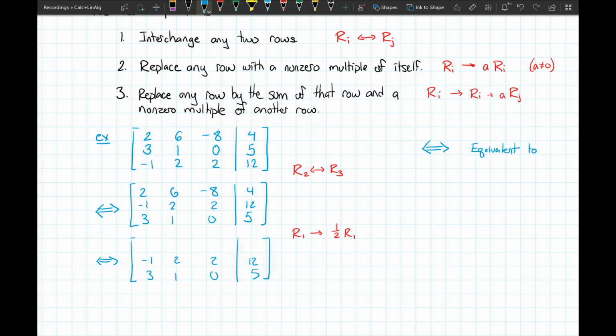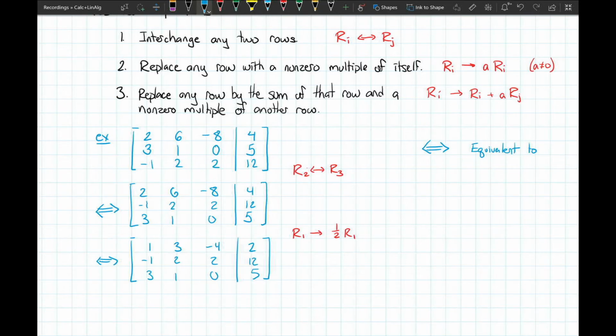Multiplying every entry in the first row by 1/2 will give us 1, 3, -4, and 2. So now I've combined two row operations together. But so long as I just follow row operations, even this third augmented matrix is still equivalent to the original.